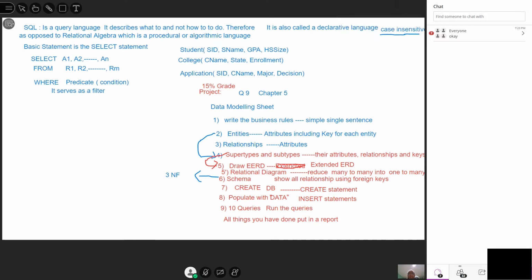So the goal is that all of you go through this correctly. That's what I want you to do, so that you learn how to apply all this you have learned into your project.